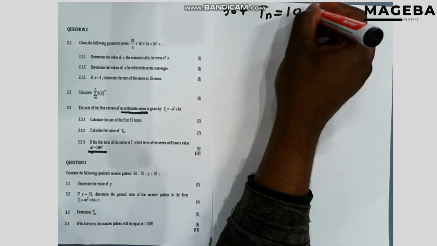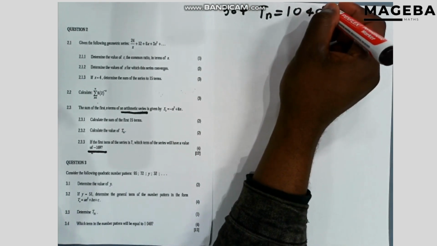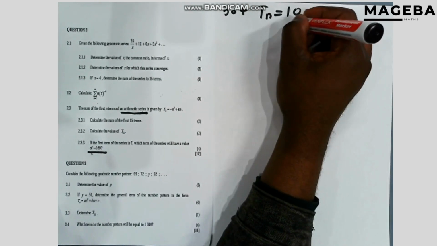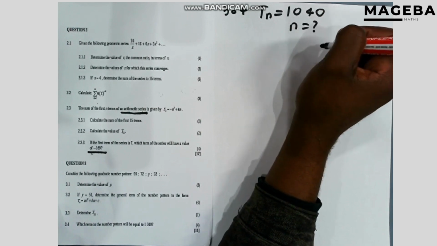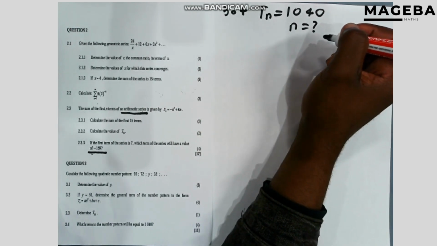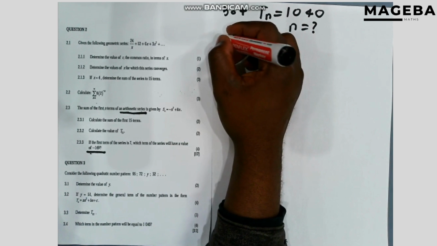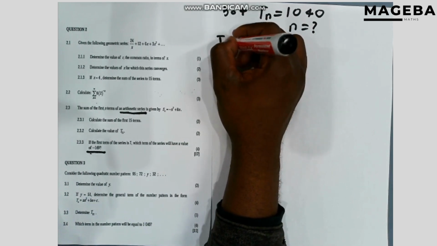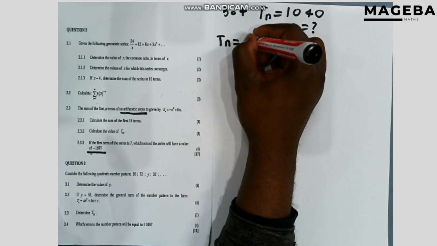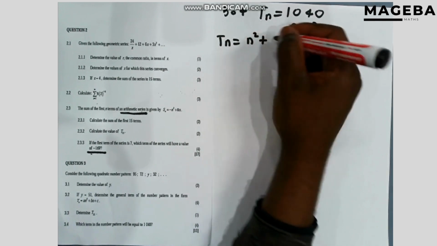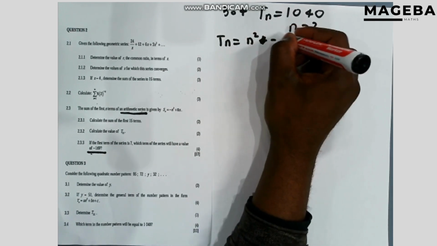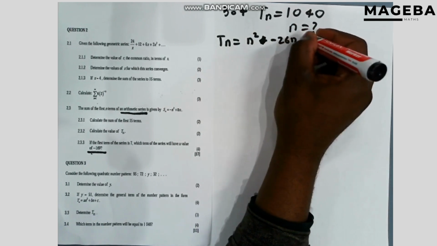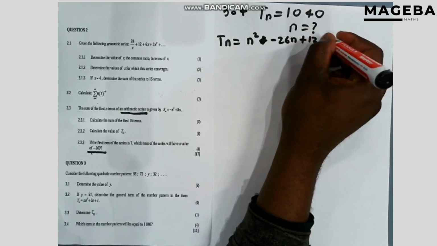We're looking for the term which is n, so n is our unknown. We know our general equation, or our Tn. We already found it. Tn is equals to n squared minus 26n, then plus 120.